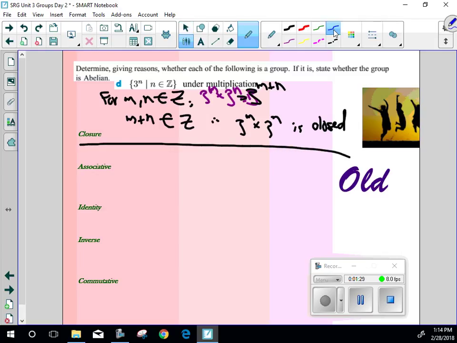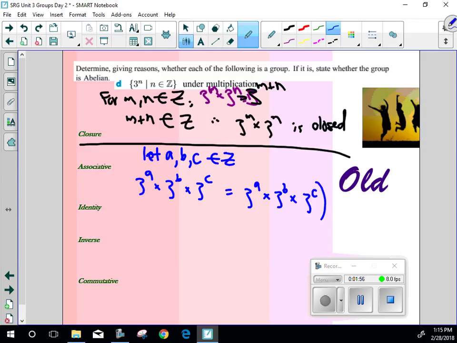Closed. How about associativity? For associativity, let a, b, c be elements of the integers. Okay? And what we're going to do is take 3 to the a times 3 to the b times 3 to the c, and we're going to try to get it equal to 3 to the a times 3 to the b times 3 to the c this way.